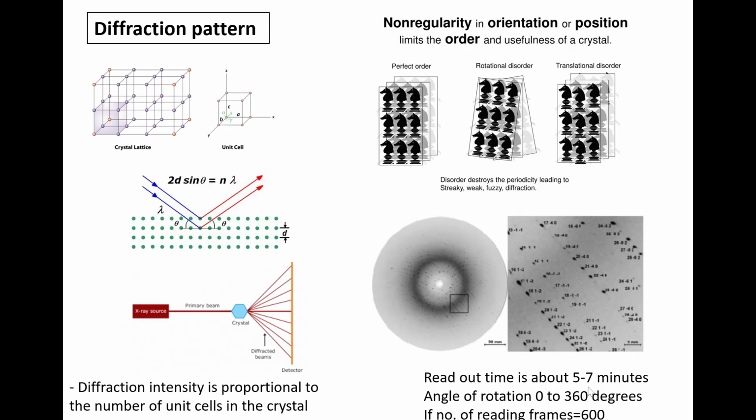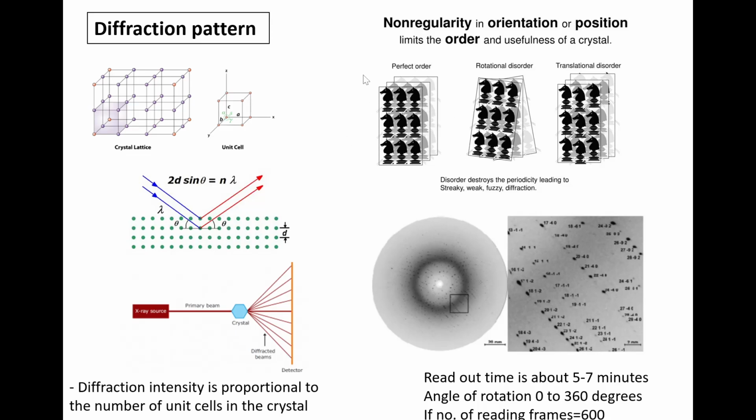Now, when I discussed X-ray crystallography, I said that the crystal is mounted on a goniometer head, and that goniometer head can be rotated to different angles, because you want to collect the diffraction data of your crystal from different frames.